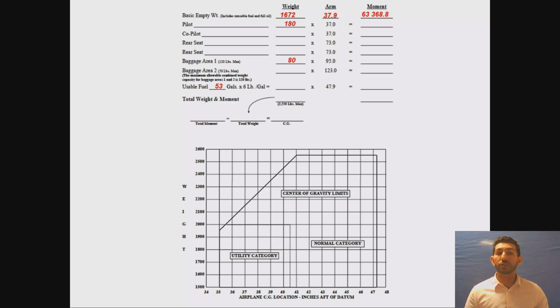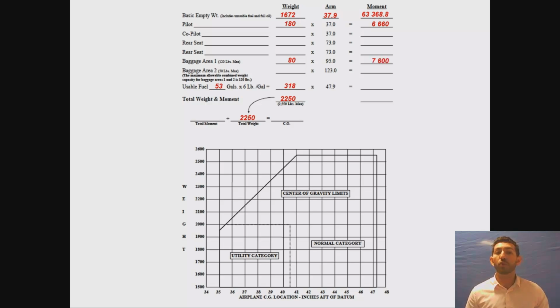Now for usable fuel, the maximum fuel that a Cessna can carry is 53 gallons. A gallon of fuel weighs 6 pounds. So if you do the calculation, you have 318 pounds. The maximum weight comes out as 2,550, and then the total, and you can put that value there. Go through each of the weights and calculate the moment.